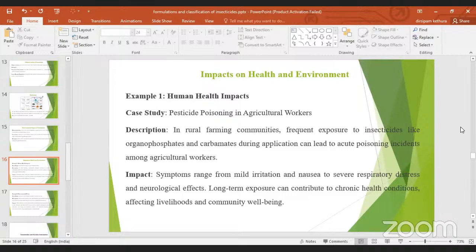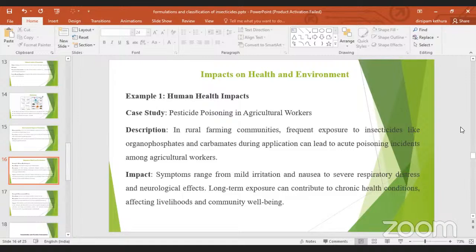You could see this impact. And the impact is symptoms range from mild irritation and nausea to severe respiratory distress and neurological effects. Long term exposure can contribute to chronic health conditions affecting livelihoods and community well being. Okay, sometimes you could see the damage in the DNA also. Due to the damage in the DNA, it may cause many different types of deadly diseases also.